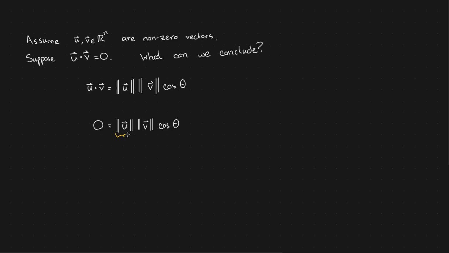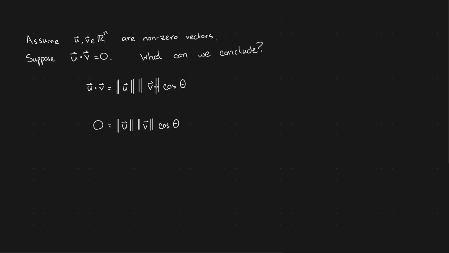Notice that all three of these are just being multiplied together. And what do we know when we multiply things together and get 0? The only way you can multiply numbers together to get 0 is if one of those numbers is 0. So either norm of u is equal to 0, or norm of v is equal to 0, or cosine of theta is equal to 0.